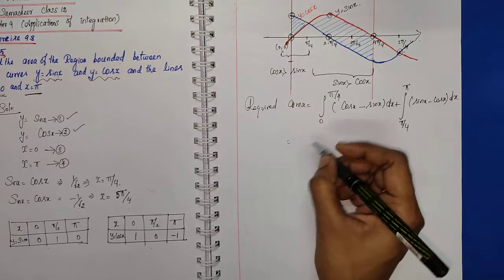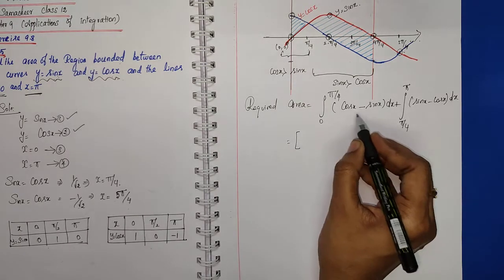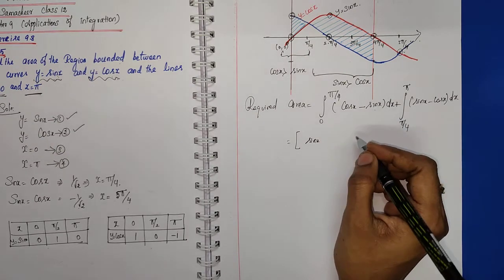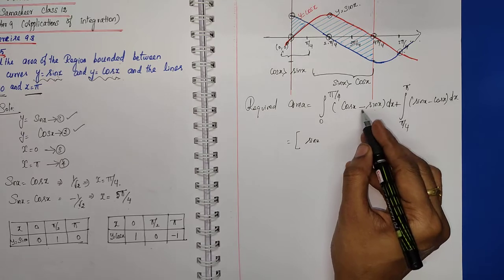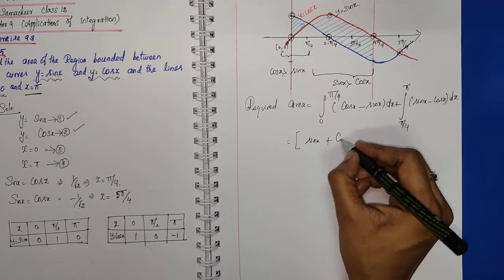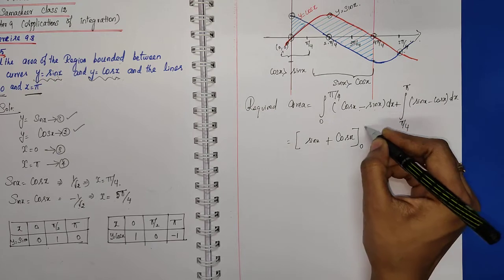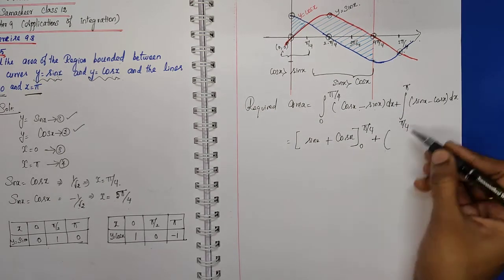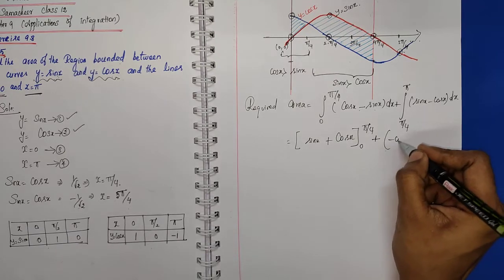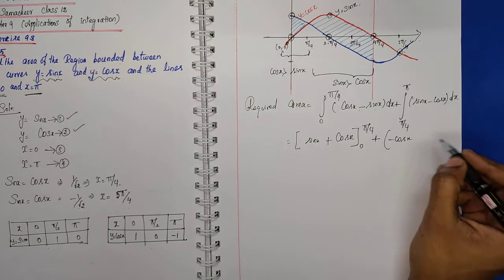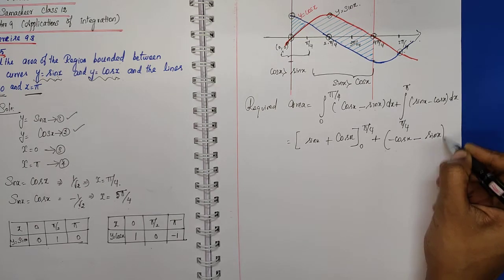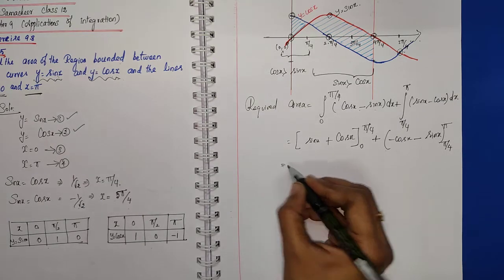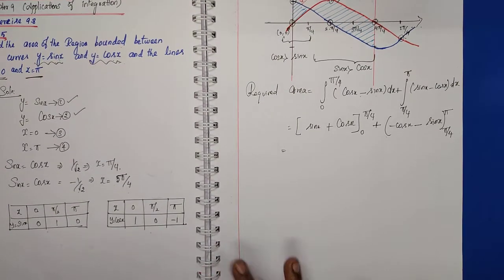So now integrating it, integration of cos x is sin x and sin x is minus cos x, already one minus sign here, so plus cos x, the limit is over 0 to pi by 4, plus sin x integration minus cos x, cos x integration sin x, the limit is over pi by 4 to pi. Now apply the upper limit and then the lower limit.